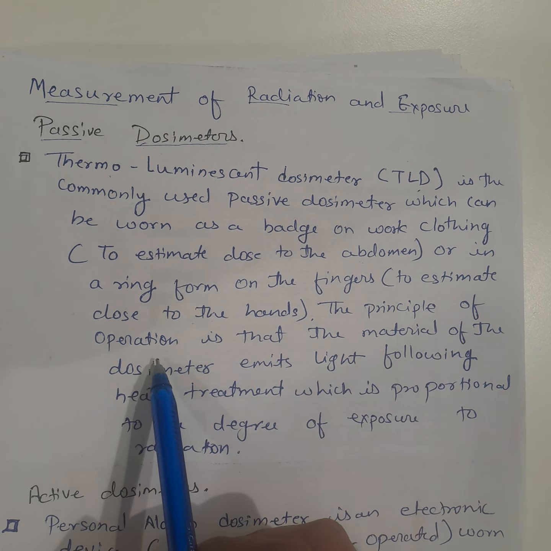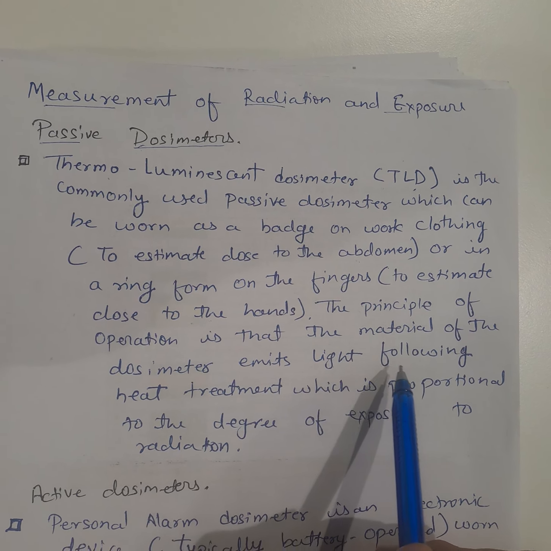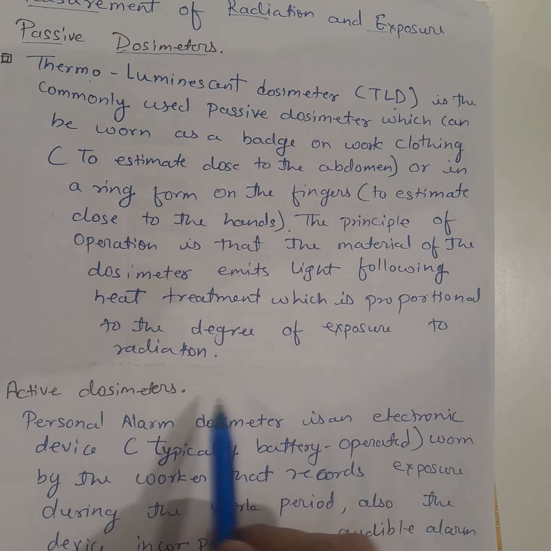The principle of operation is that the material of the dosimeter emits light following heat treatment, which is proportional to the degree of exposure to the radiation.